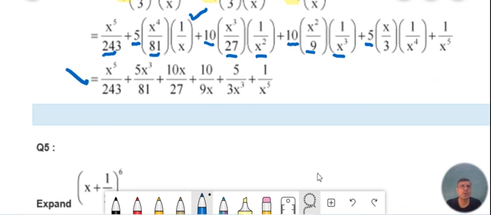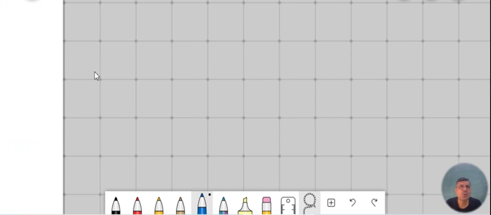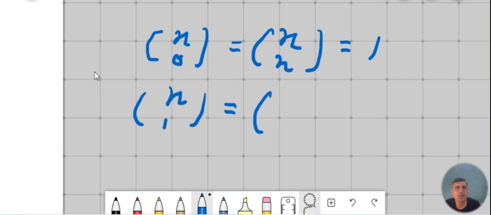Alright, so these first two questions are just to explain what the binomial theorem is and how to expand it. I suggest you remember a few formulas directly. What is the answer of NC0 and NCN? That is equal to 1. Then NC1 is equal to NC(N minus 1), that is equal to n.